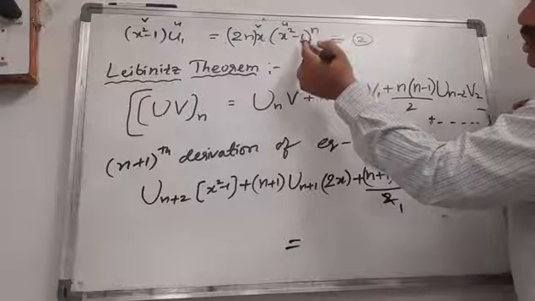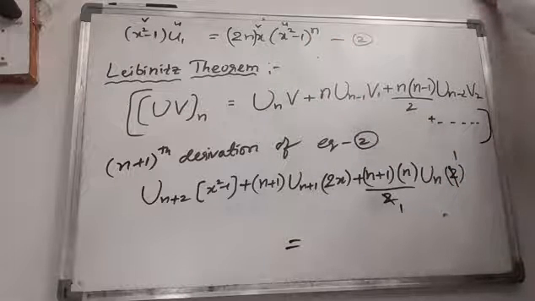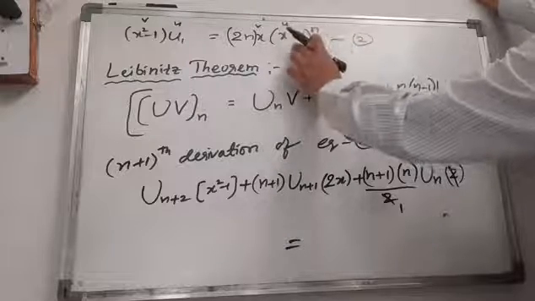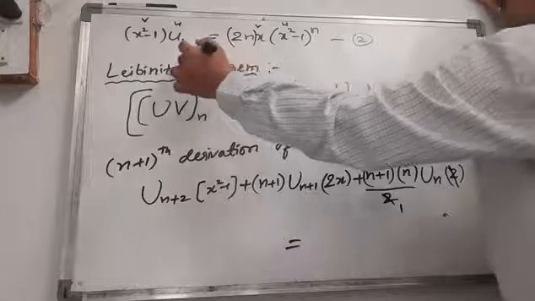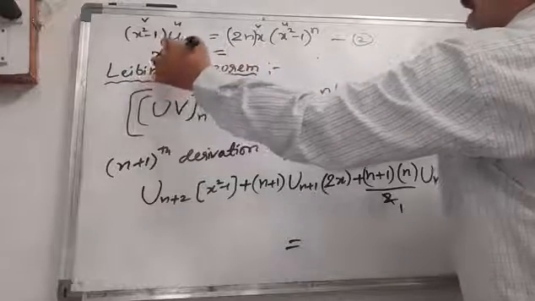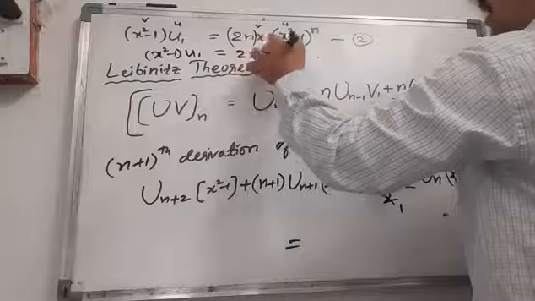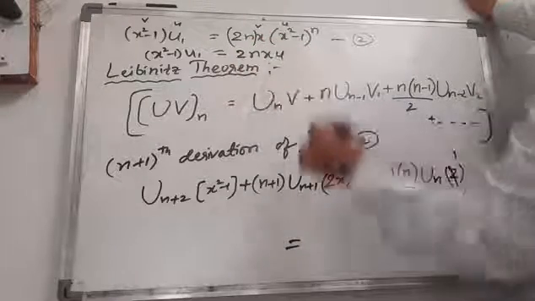What is this u function here? It's the n plus 1th derivative we have to take. This is nothing but u, right? So we can rewrite this one as (x square minus 1) u1 is equal to 2nxu. So I want the n plus 1th derivative.